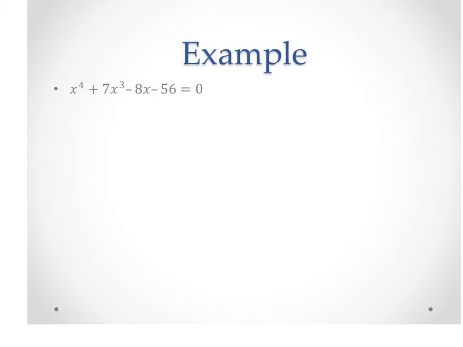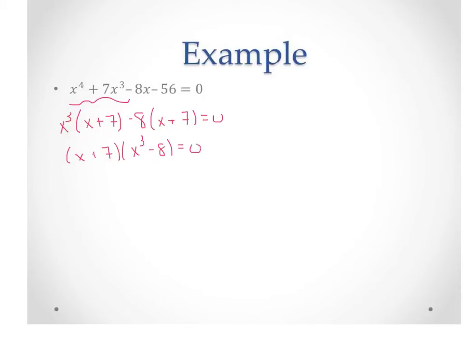So, 4 terms. How do we factor 4 terms? We group them. Okay, so I'm going to pull an x cubed out of these first 2, which leaves you with x plus 7. And it looks like we can pull a negative 8 out of the second 2, which is going to leave us with x plus 7. So then if we pull the x plus 7 out front, we have an x cubed minus 8 left over.